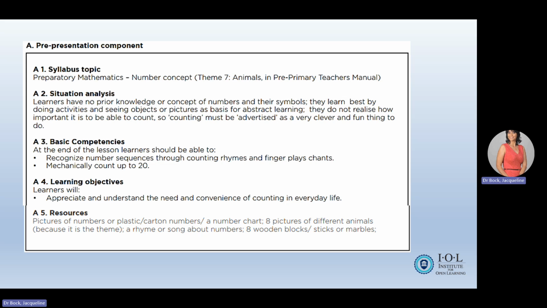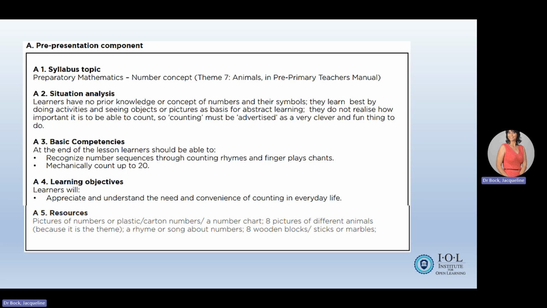Situational analysis is how much the student knows about the topic that you will be teaching. So it's the prior knowledge of the student or the learner. Then we learned about basic competencies. It's what the learner should be able to do.